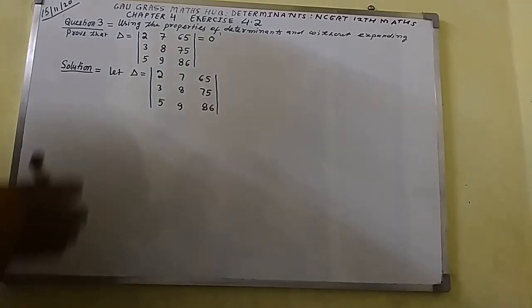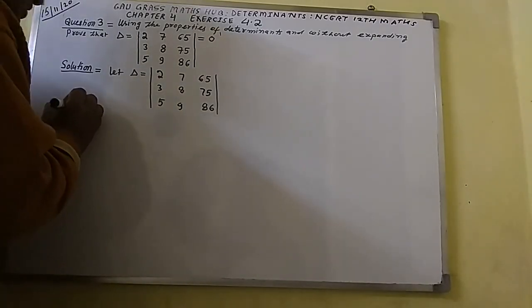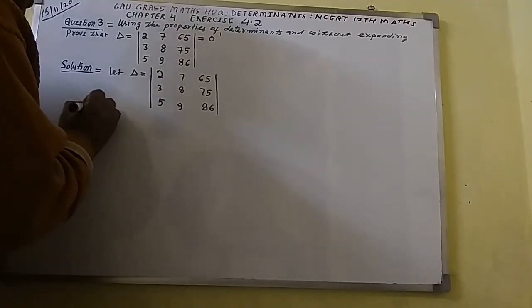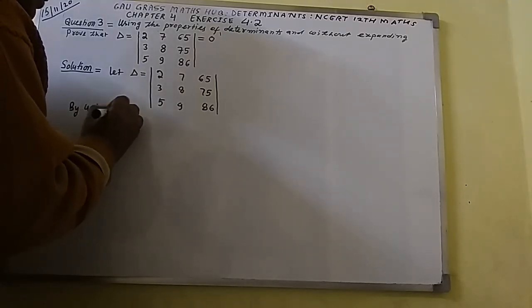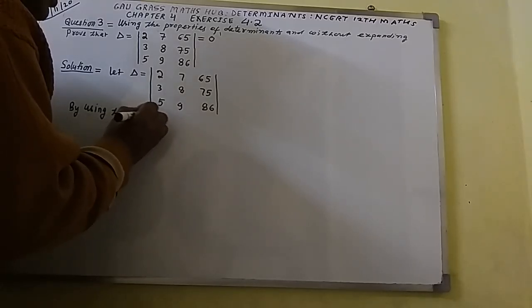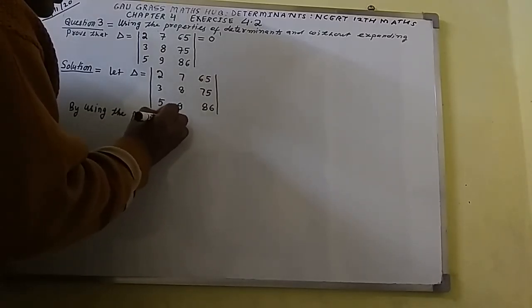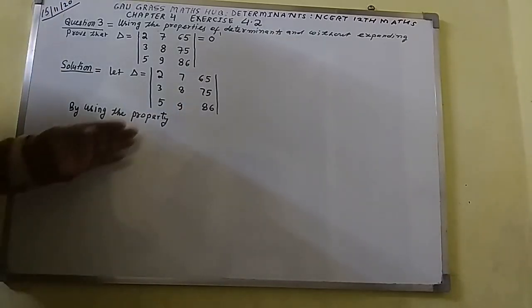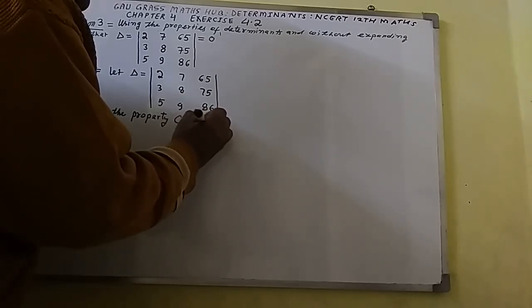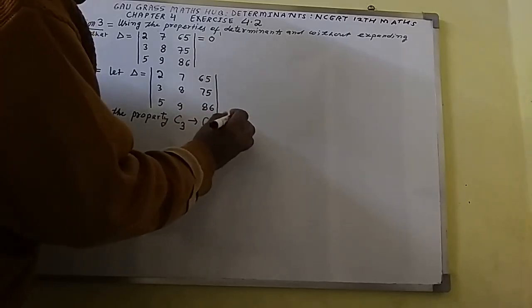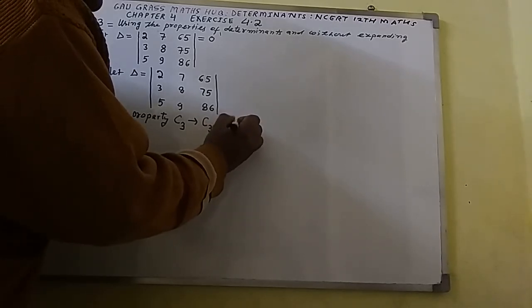Let us see how this question is going to be solved here. Here I shall write, by using the property, C3 goes to C3 minus 9 C2.